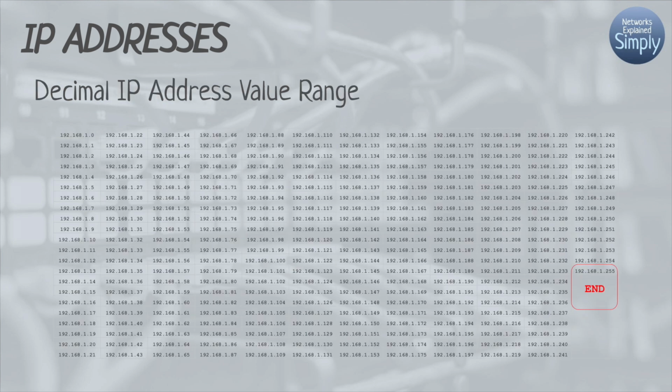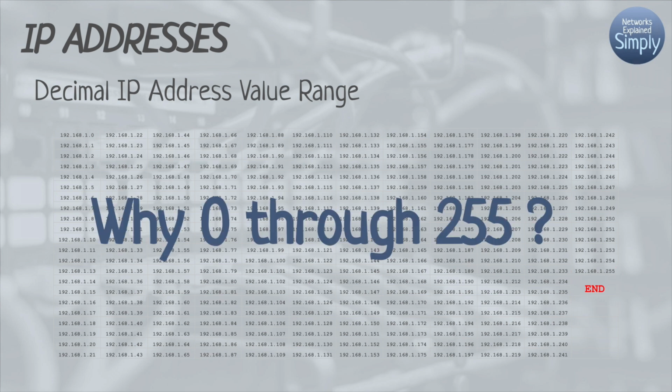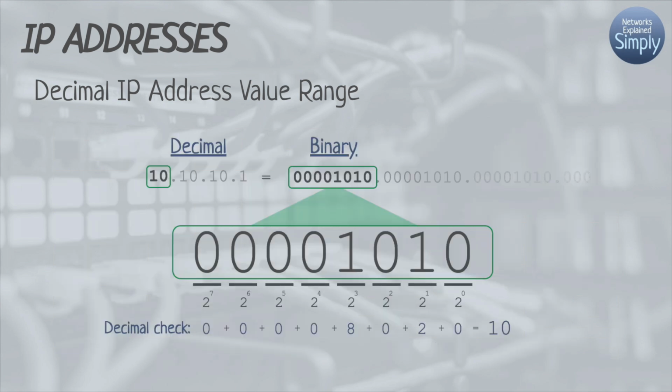Earlier, when we discussed IP addresses in decimal, we said that 255 was the upper limit for each number in an IP address. To understand why, let's zoom in on a single binary octet. Remember that each bit has only 2 possible values, 0 or 1.